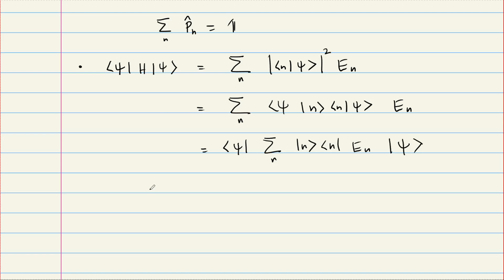And from here I identify this H with this, the so-called spectral decomposition, if you want to sound fancy. The Hamiltonian is decomposed into its components in your basis. Good?